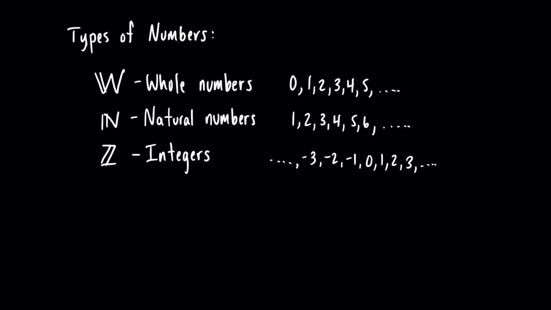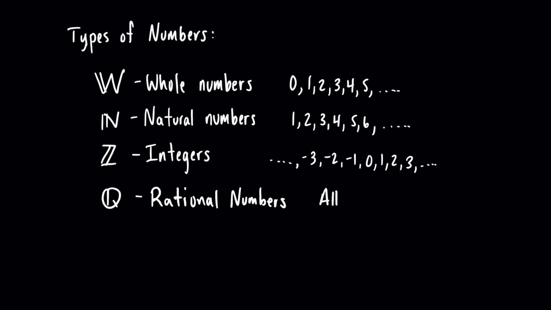Next thing we want to talk about is the rational numbers, which is a bold-faced Q. This is anything that can be expressed as a fraction or a decimal.